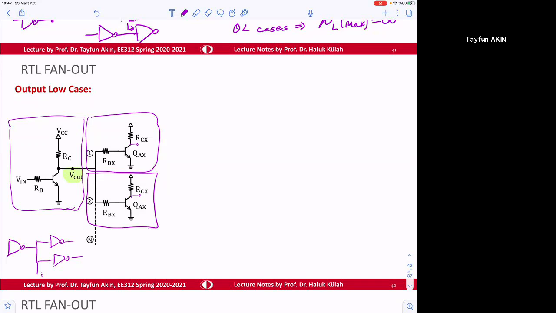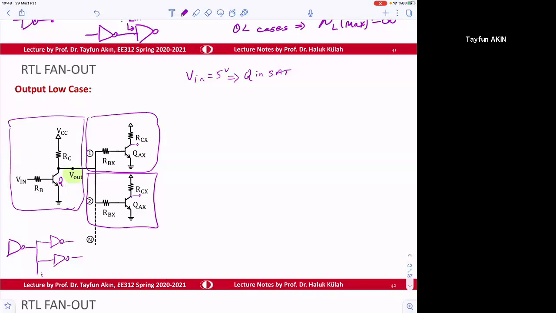So for output low case, how does it occur? Output low occurs when Vin is high, when Vin is equal to, let's say, 5 volts. Then we know that transistor Q is in saturation.